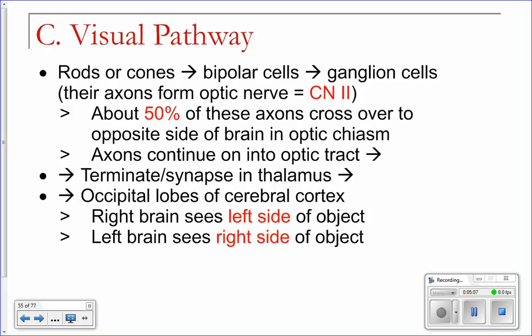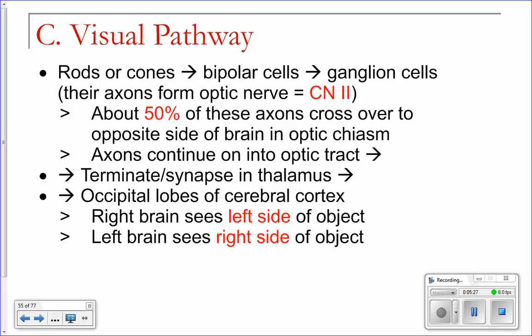So optic nerves exit out the back of your eye, and then right about the position of the hypothalamus, you come to what's called the optic chiasm. That's where the two pathways come together, and half of the axons from each eye cross over to the other side. Not all of them, just half of them.